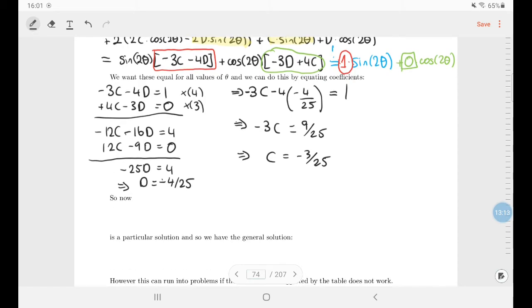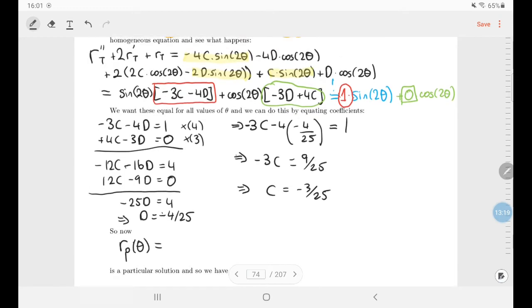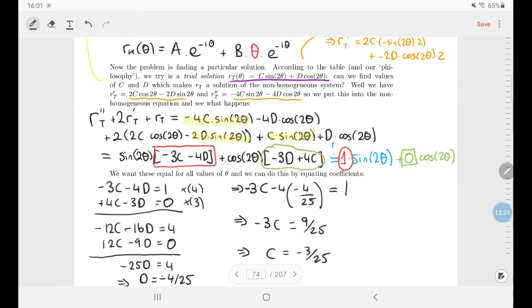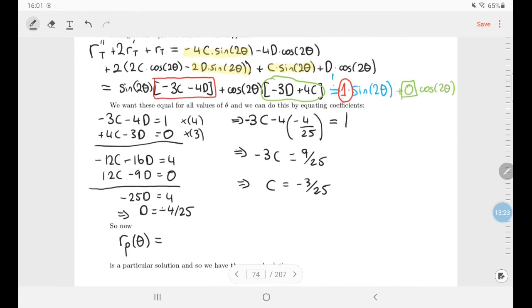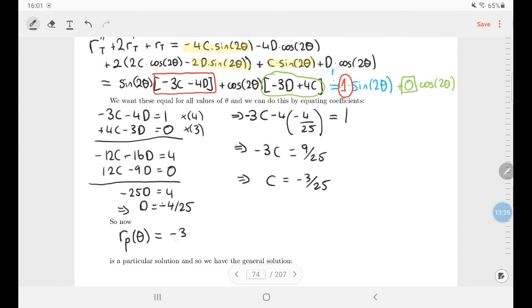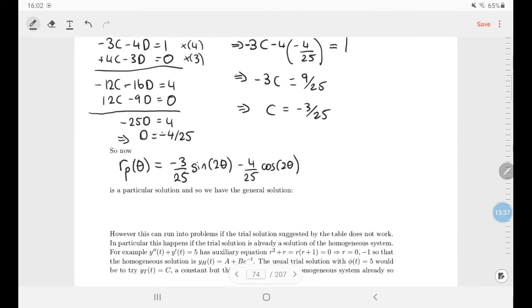Okay, so we have now what's called a particular solution. With c as minus 3 over 25, it's c by sine 2 theta, so minus 3 over 25 sine 2 theta plus d, which is minus 4 over 25 cos 2 theta, is a particular solution.